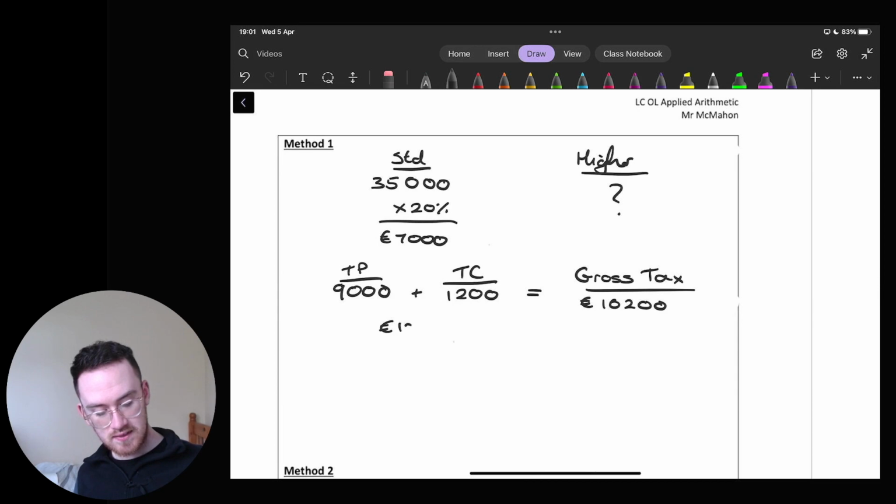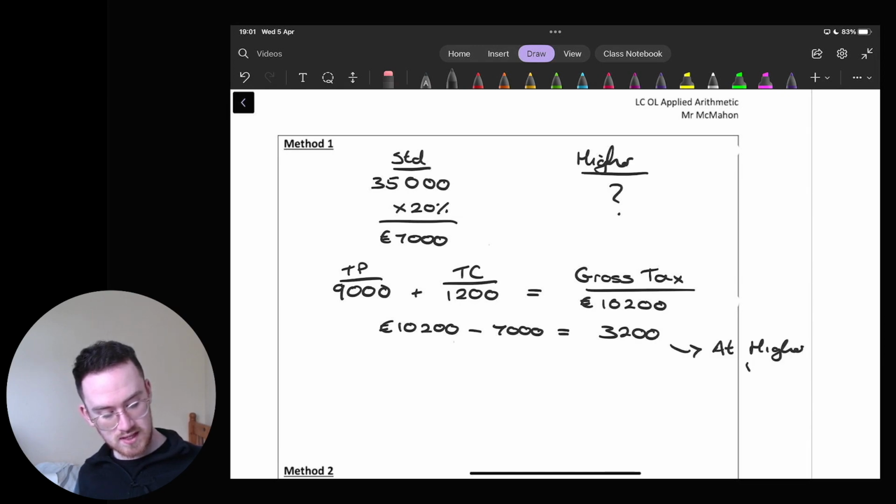If we take that then and take away the 7,000 she pays at the standard rate, that means there's 3,200 that is at the higher rate. So that's the tax she pays at the higher rate. And that higher rate is 40%, which means that 3,200 is 40%. 1% then would be 80.